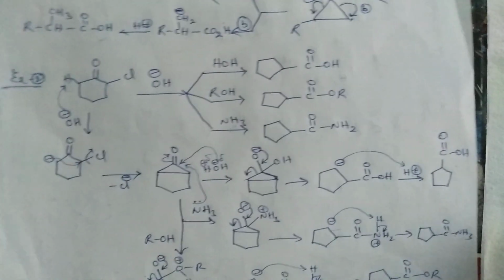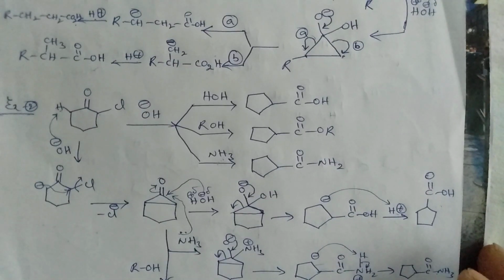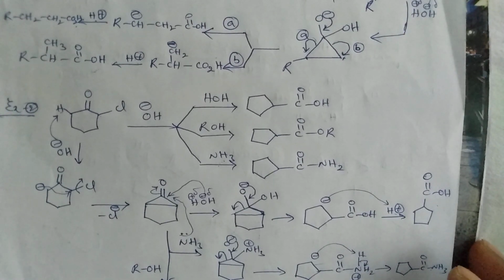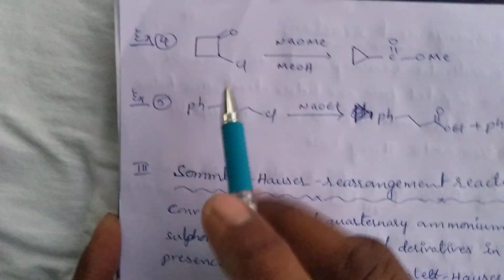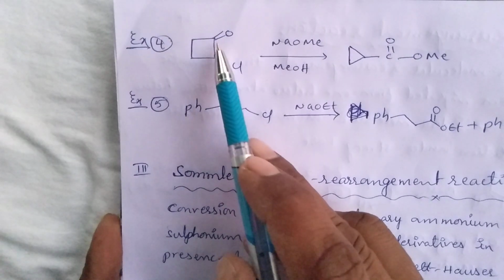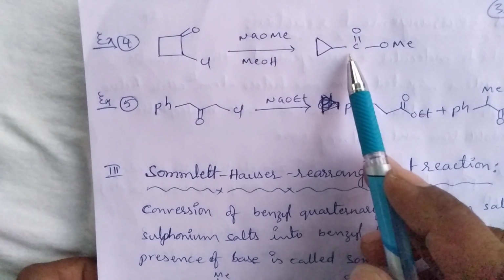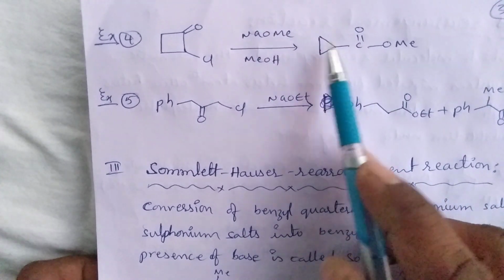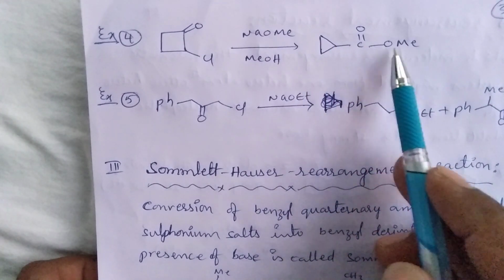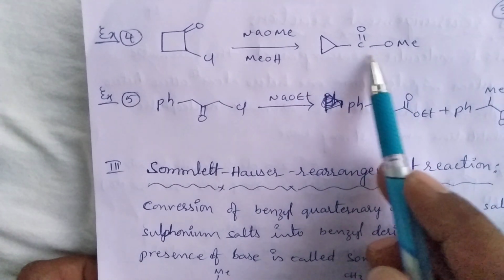Okay, next example is alpha halo cyclobutanol, which is converted into a cyclopropyl derivative. Okay, which is ester.